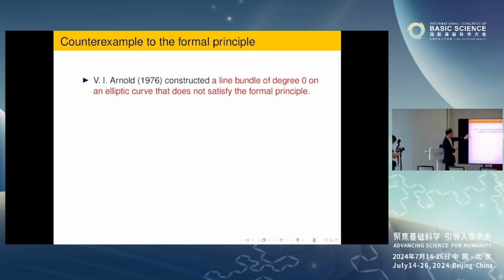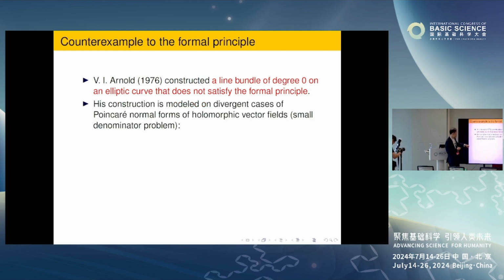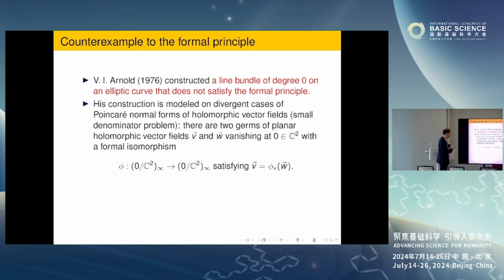The way Arnold discovered this is because he studied the divergent case of the Poincaré normal form of holomorphic vector fields, the classical small denominator problem. In celestial mechanics, people discovered that there are two germs of planar holomorphic vector fields, V and W, at one point of C², with a formal isomorphism.